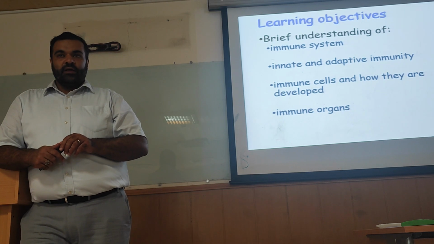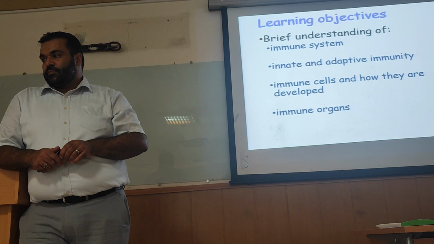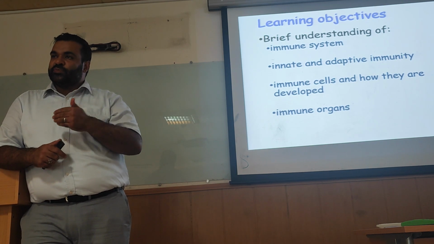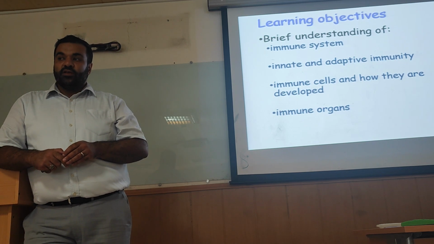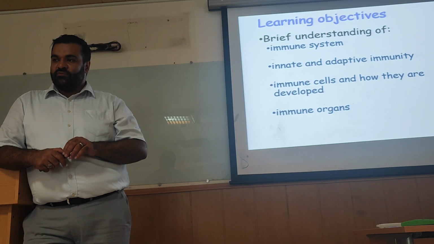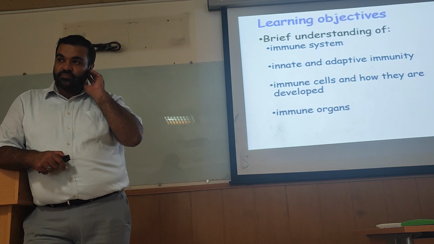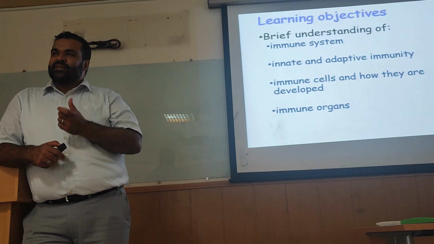And what were the features of innate? Faster response and the same response every single time. It's the initial response that we have. Yes. Less diversity. Well done. Very little diversity, and limited memory.